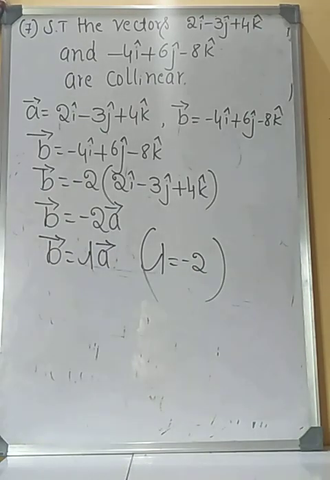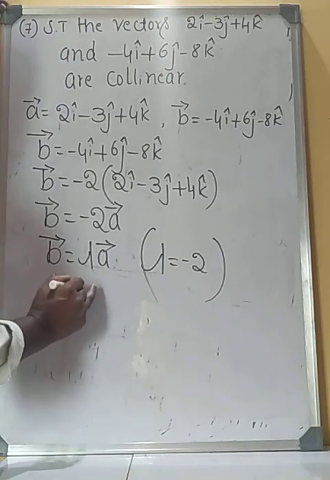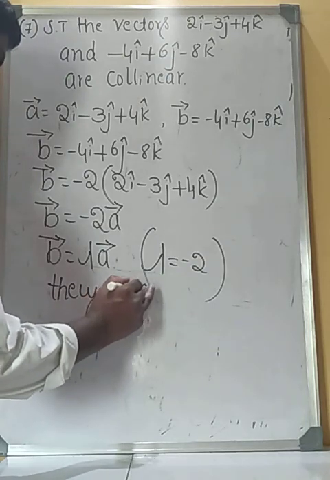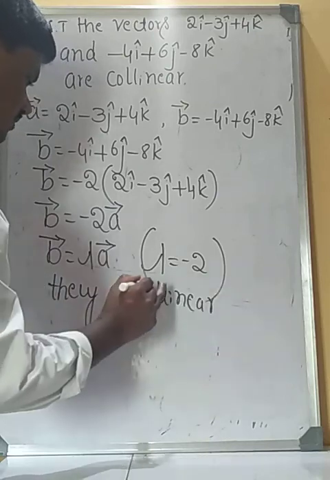Therefore vectors A and B have the same direction. So therefore they are collinear vectors.